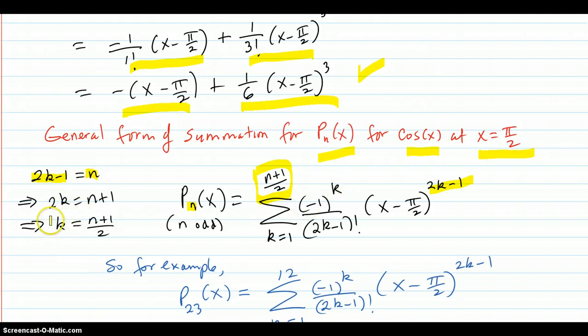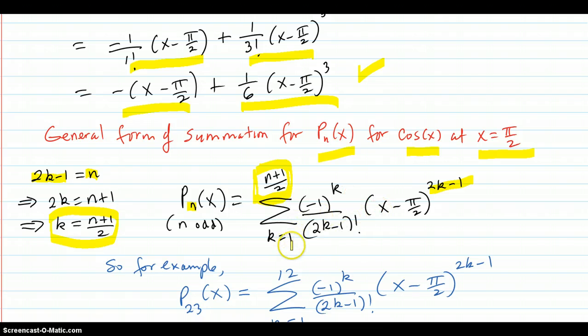I solve it out and I get k equals n plus 1 divided by 2. That's why this k counter stops at n plus 1 over 2, because when you plug that in, you'll get n.